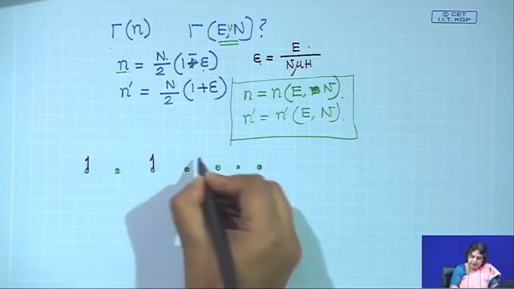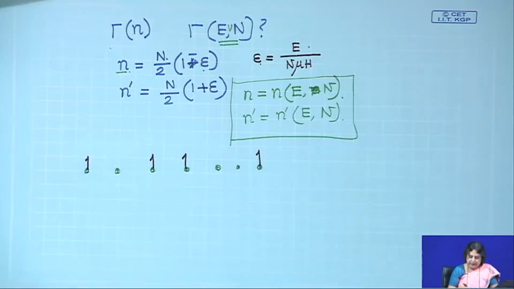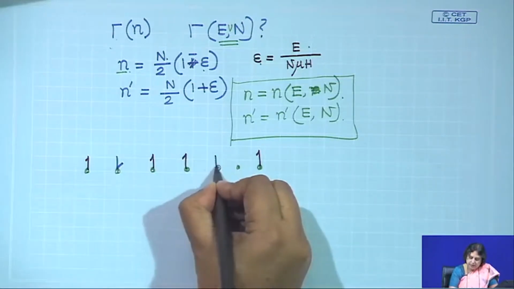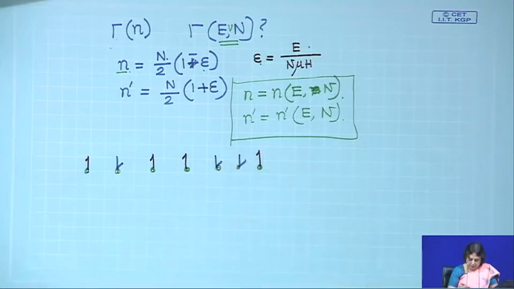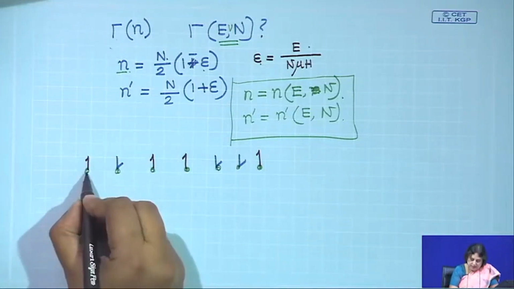This is 1, this is 1, this is maybe 1, this is another one, and I also have other sites being occupied by down spins.